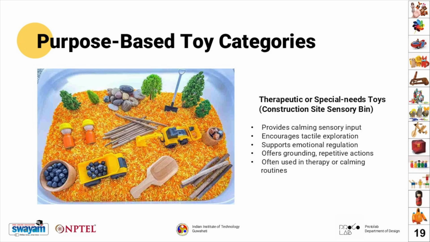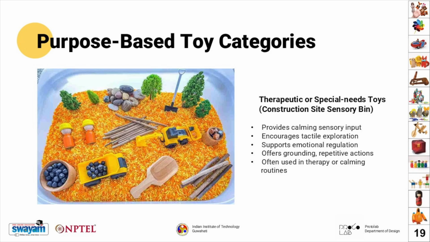The soft sound of rice, the smoothness of stones, the controlled motion of scooping help children slow down, focus, and center themselves. And most of all, they allow the child to express themselves through the narratives they build. These narratives often signal to a therapist what exactly the child might be going through.